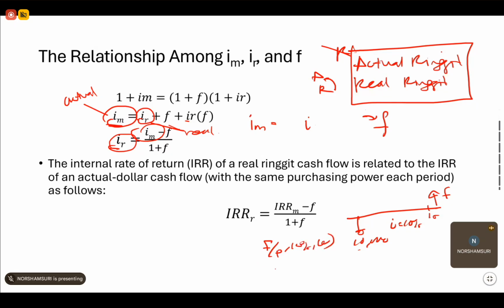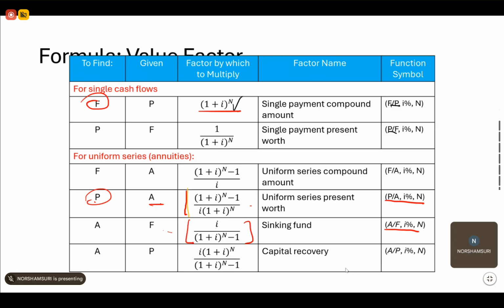So you can use this formula: 1.1 to the power of 10, and then times the 10,000. Let me check the formula first. Yeah, this one is correct.